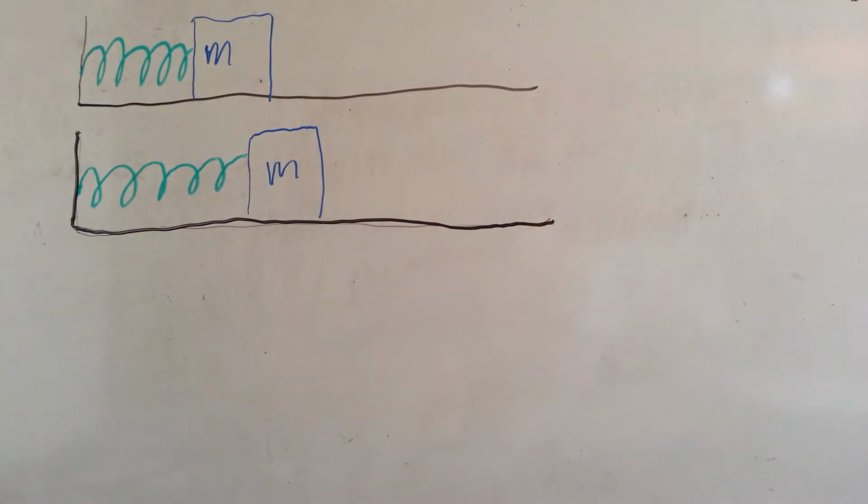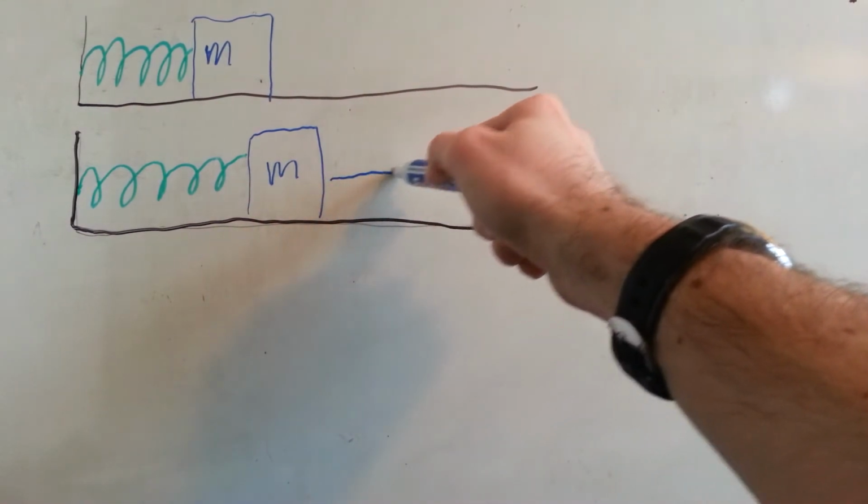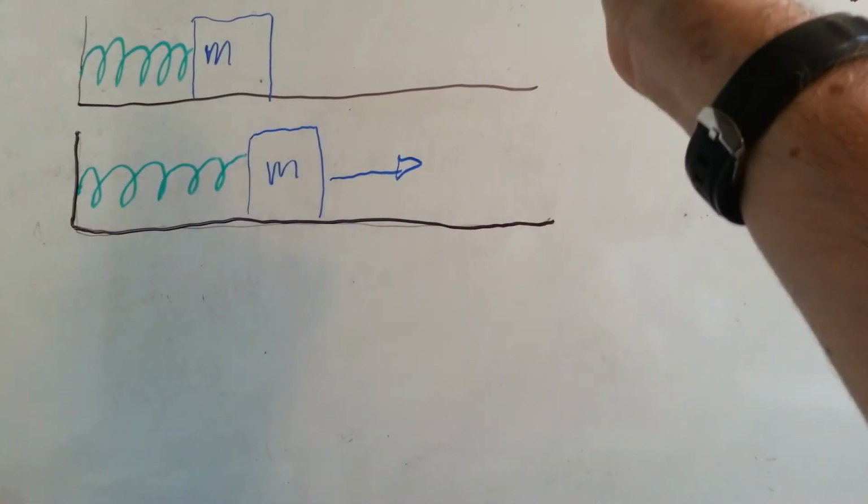Right. So now the spring has no potential energy. It's fully extended. All the potential energy that was in the spring is now in this block, which is moving this way. It has kinetic energy.